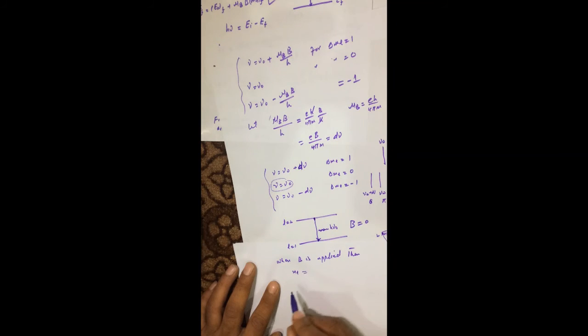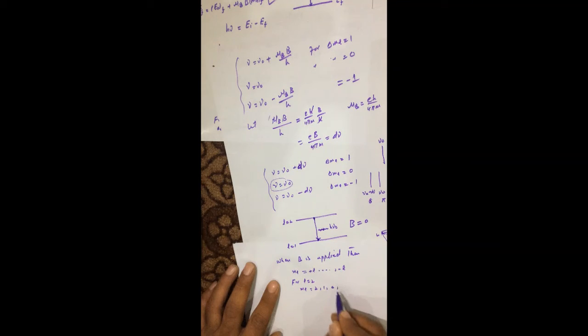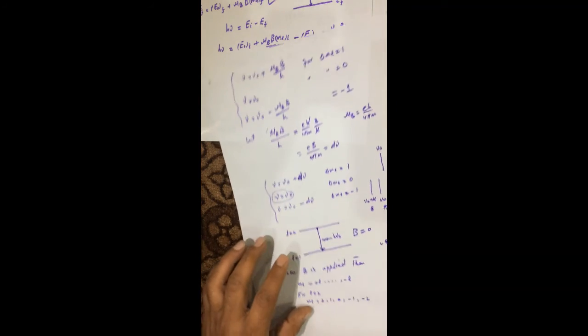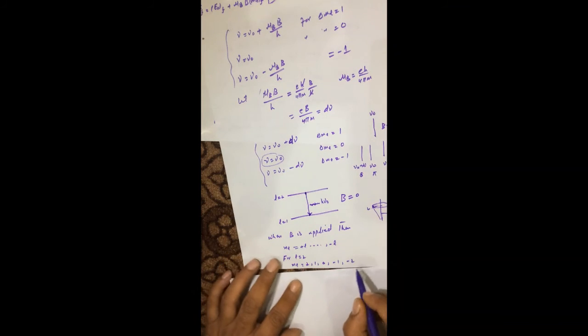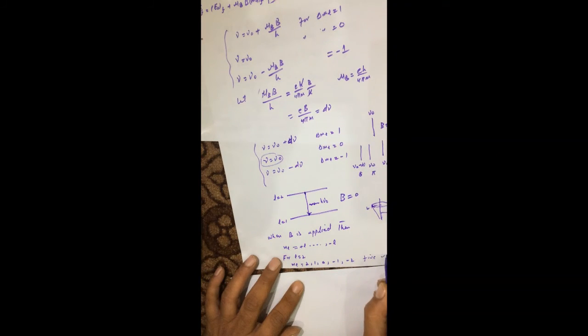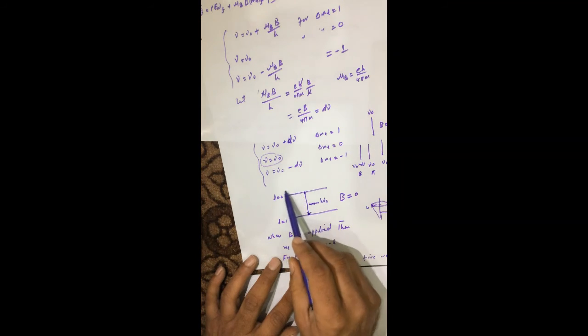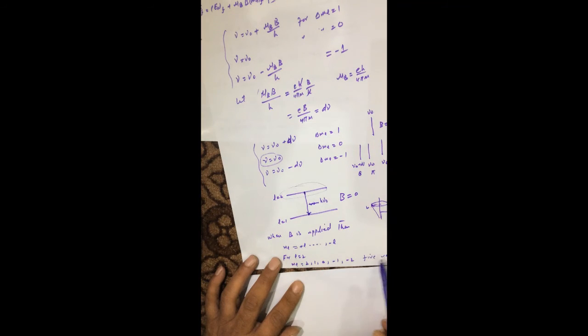The ML values now vary from plus L to minus L. For L equal to 2, ML values will be 2, 1, 0, minus 1, minus 2. So how many values? 5 values. So once we apply the magnetic field, this energy level is split into 5 energy levels.